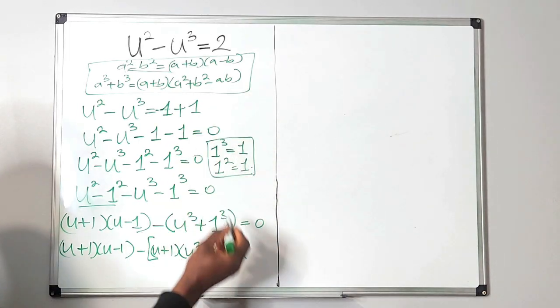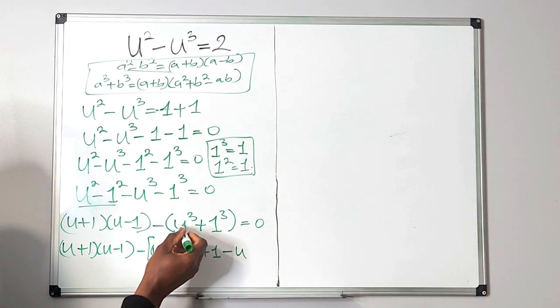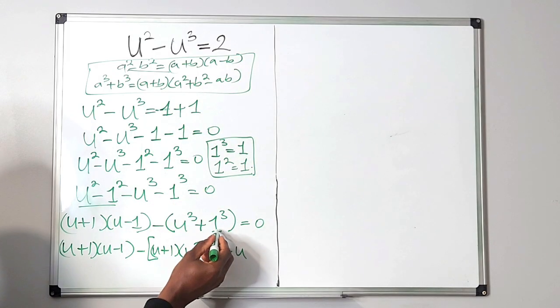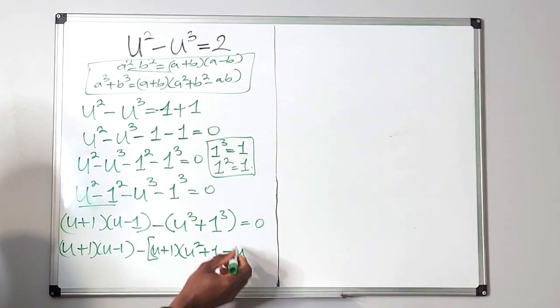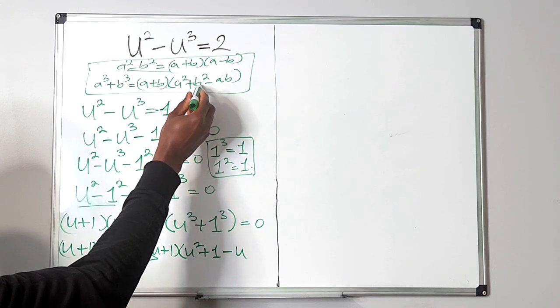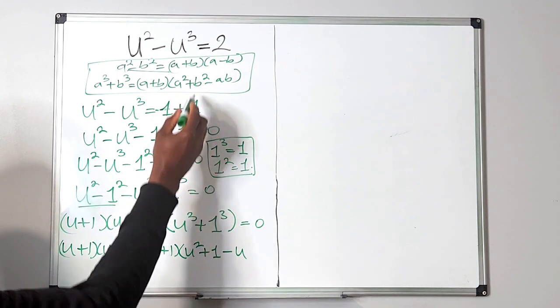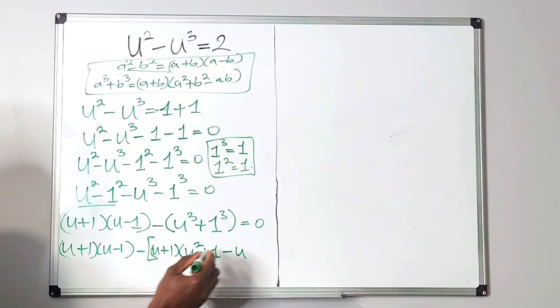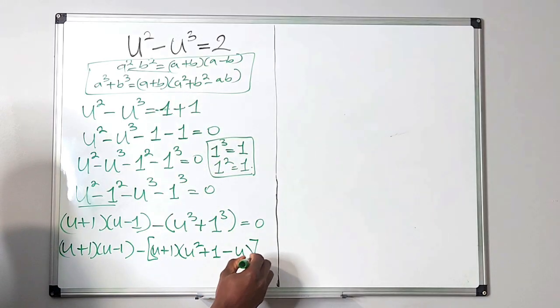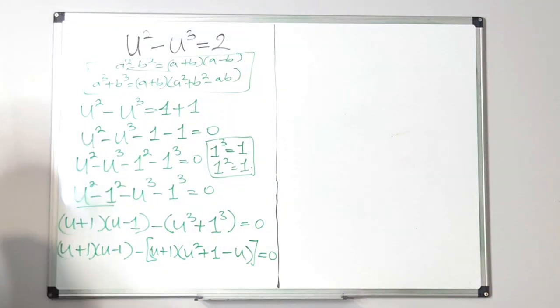U times 1 is u, because our a is u and our 1 is b. So u times 1 will give us u. And here our b is 1. 1 raised to the power 2 will give us 1. And then this is our u. A is u. That's u squared. And this is equal to 0.